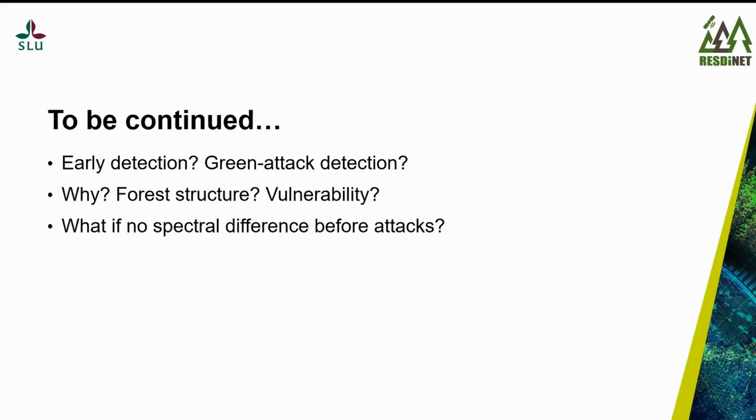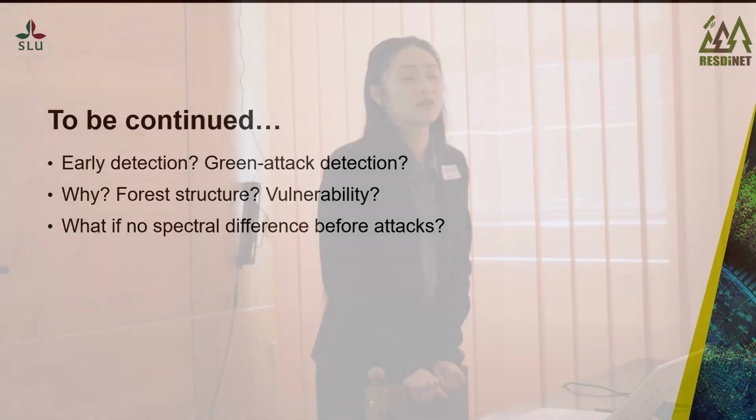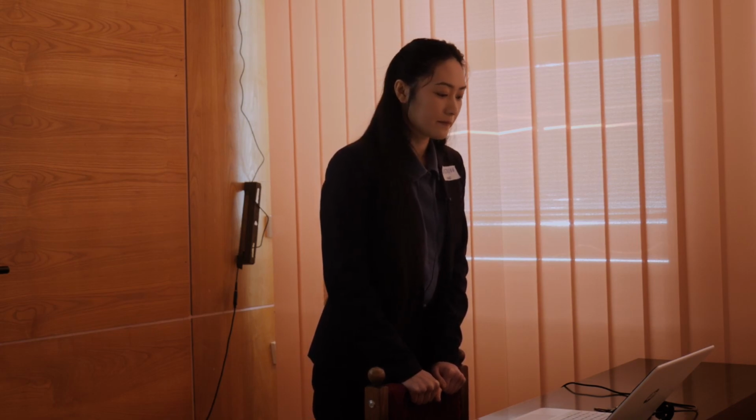Maybe the spatial difference is caused by the forest structure, or maybe by the different vulnerability of the forest. But one thing we can be sure of is that if this spatial difference already exists before the attacks, then it's not caused by the green attack. So in the green attack phase, there are not such obvious symptoms that are captured by the satellite images.